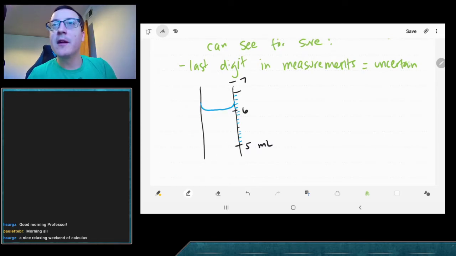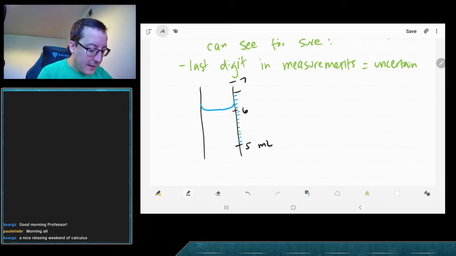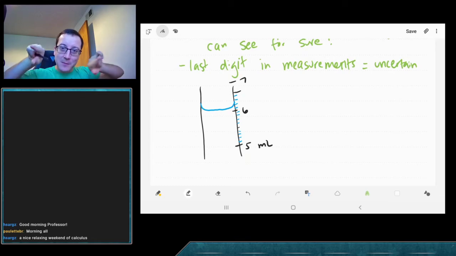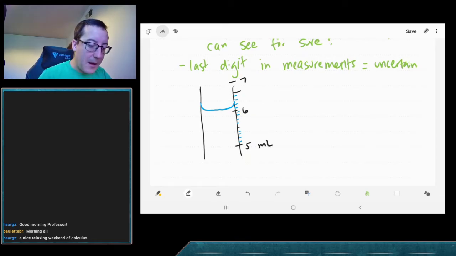So, okay, cool. With liquids, we may have seen this in your life before. Liquids in relatively narrow glass containers will be attracted to the glass, and so they're going to move up a little bit on the sides. This is what's called a meniscus.